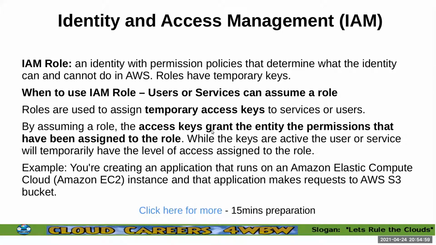The access keys grant the entity, which could be a person or an application, the permissions that are assigned to the role. IAM roles always come with specific permissions, and any application or user who has that role attached to it will inherit the permissions attached to that role.